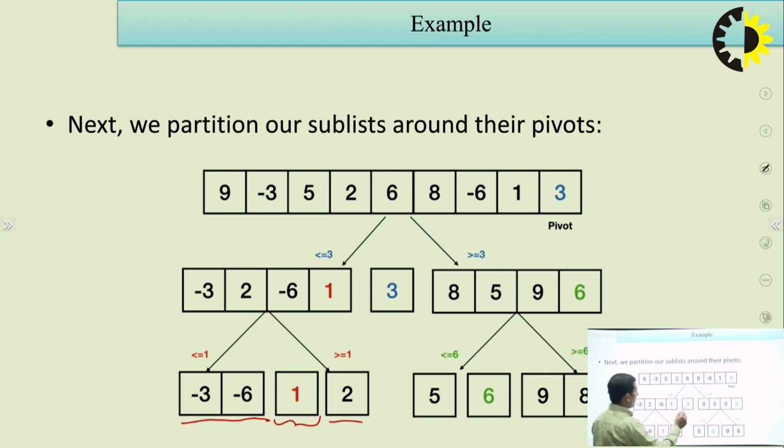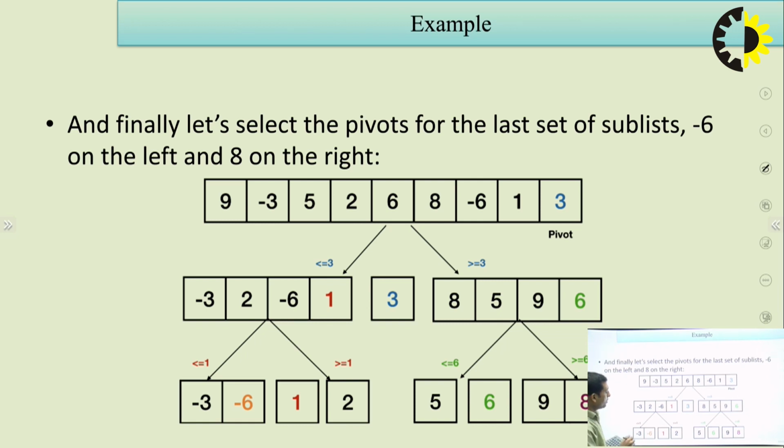The same process is repeated for the second part, that is 8, 5, 9 and 6. We choose 6 as the pivot element, the last element, and position it at its proper place such that in the first part are the lesser elements than 6 and in the right part the greater elements, that is 9 and 8, then 6.